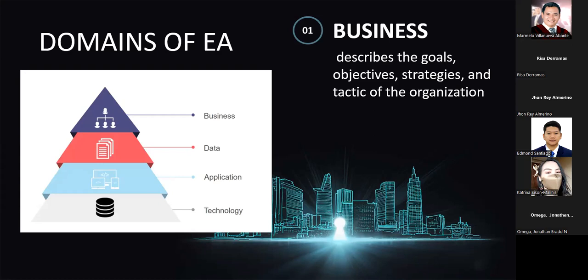The business domain is also critical in helping to prioritize initiatives and to transform operating models, and it's maximizing value exchange. So yun yung pinaka meaning ng business in domains in enterprise architecture.